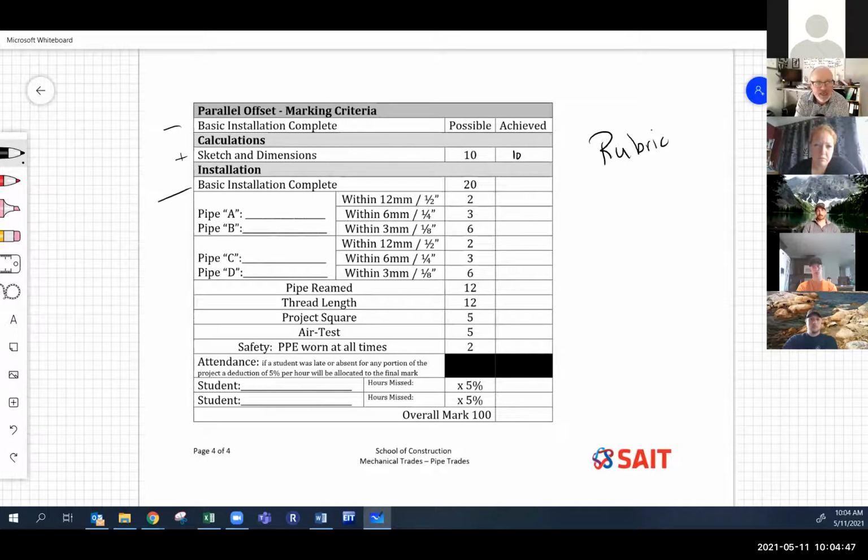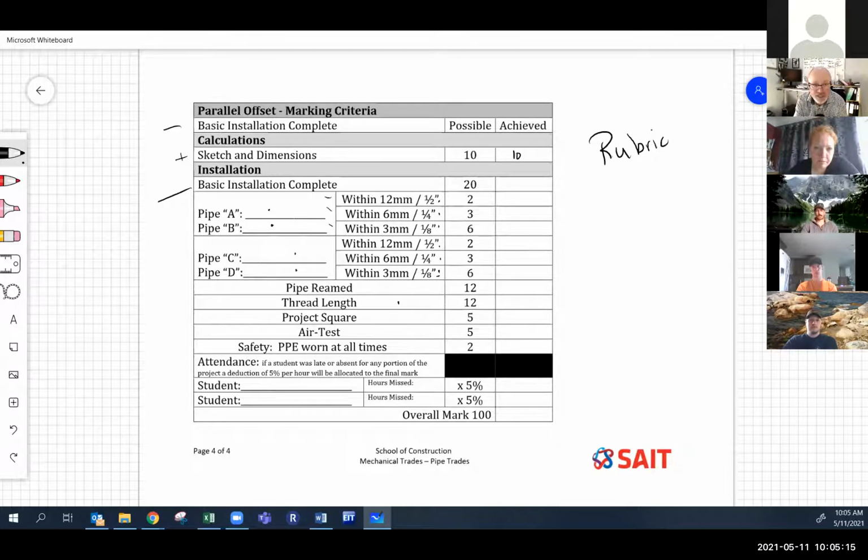So pipe A and pipe B have to be within these measurements to get these marks, okay? So the farther you are away from these correct measurements, you will lose some marks. Similarly, with pipe C and pipe D, the closer you are to the exact measurement, the better your marks, okay?